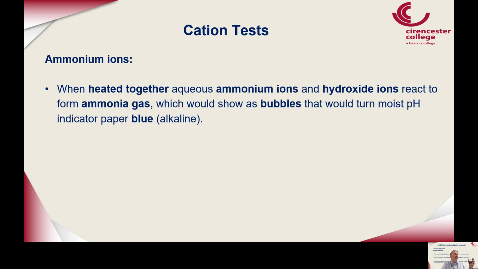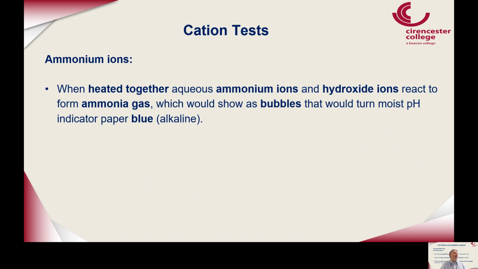Heat together ammonium ions and hydroxide ions, and you get ammonia gas, because you're going to add hydrogen to the hydroxide to make water. You have to be careful with this one. It's probably best to do it in a boiling tube, because you're going to use moist pH indicator paper, which could be litmus paper or universal indicator.